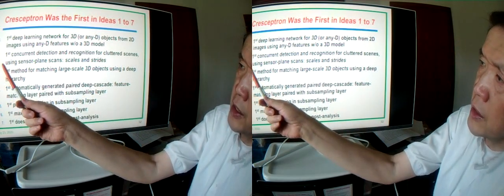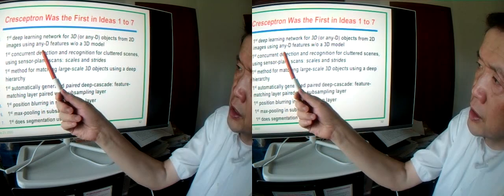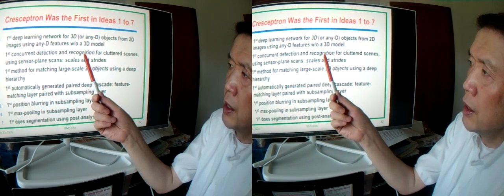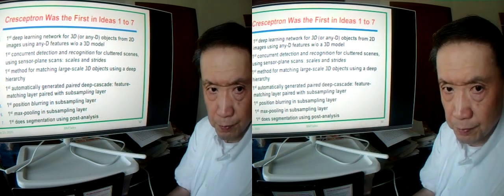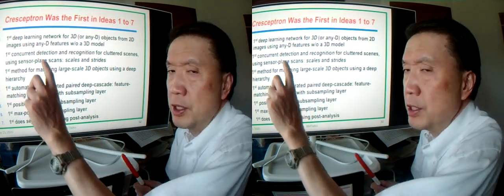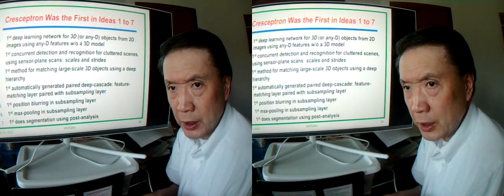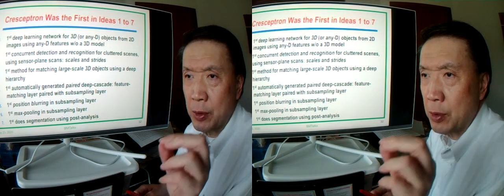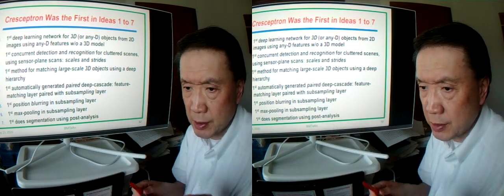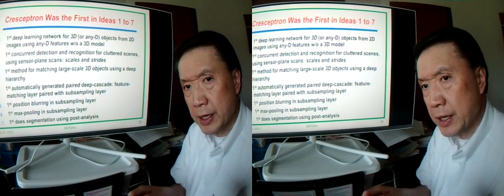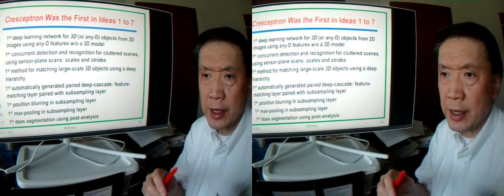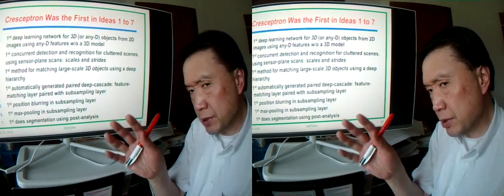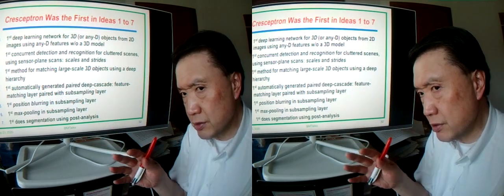And the second is the first concurrent detection and recognition for cluttered scenes. Because for cluttered scenes, you really need to do detection. You cannot do something like what Fei-Fei Li will talk about later, on whether you have this feature present. Suppose I have a bag of words and you have features that form an object, but you scrambled them everywhere and they are still there.